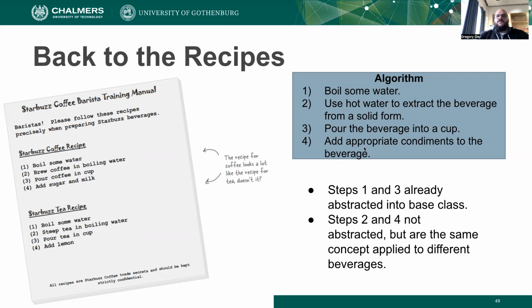And well, two of those steps, 1 and 3 here, are already abstracted into our base class. Steps 2 and 4 are not, but they're still essentially the same concept being applied to different beverages, with maybe some differences in the concrete form between the two. So, can we find a way to abstract this prepare recipe method as well?